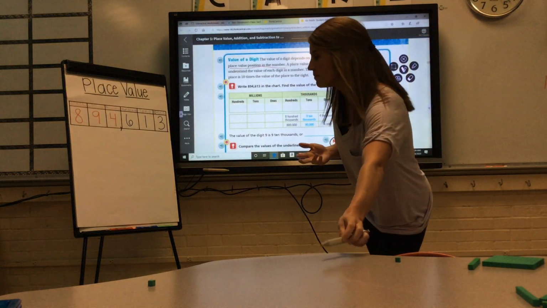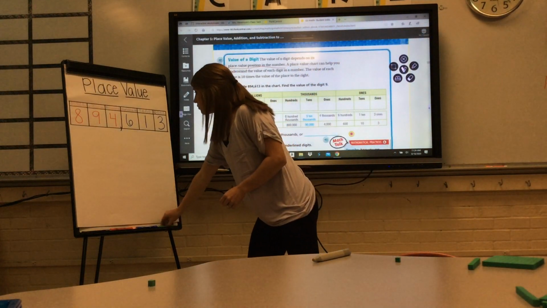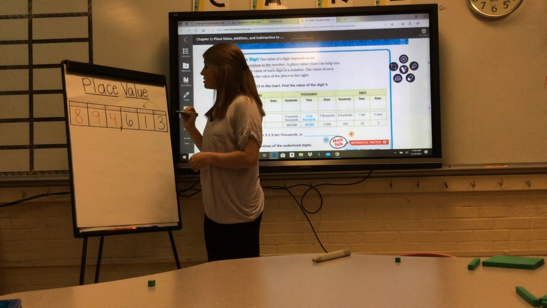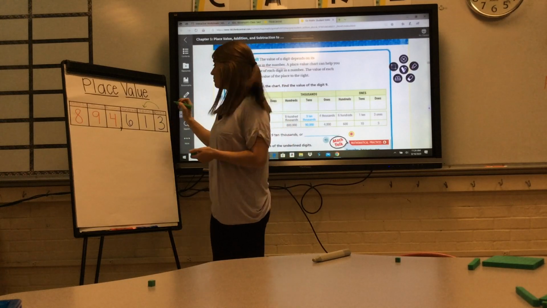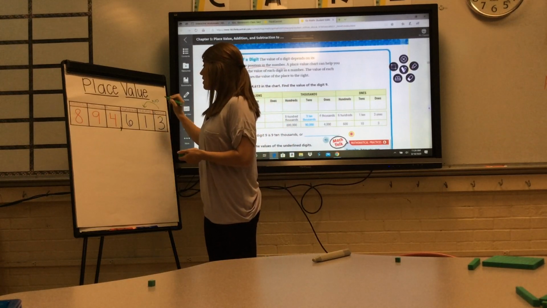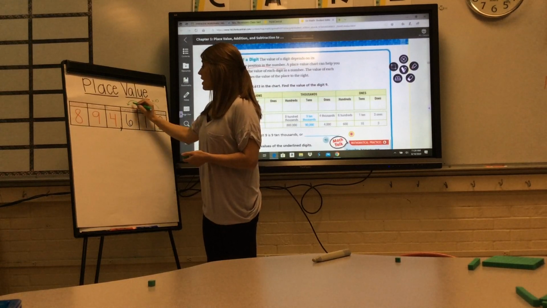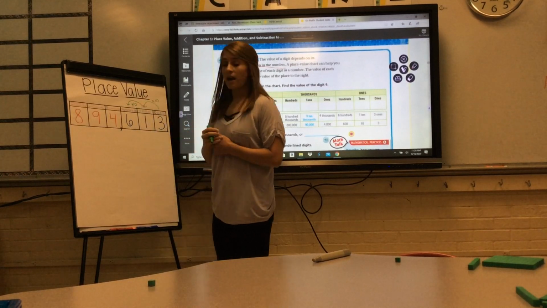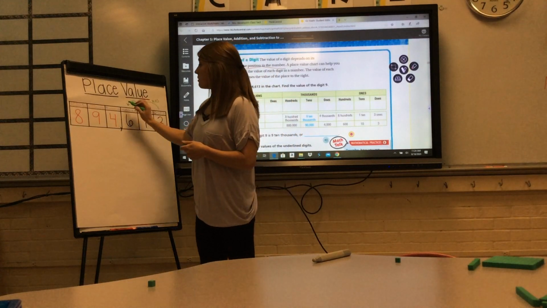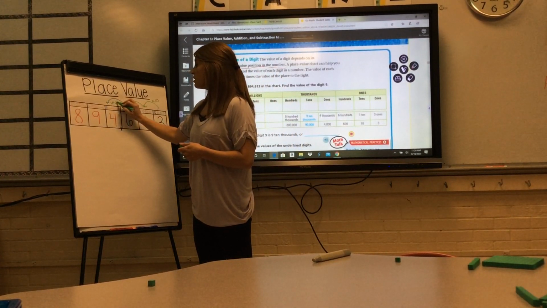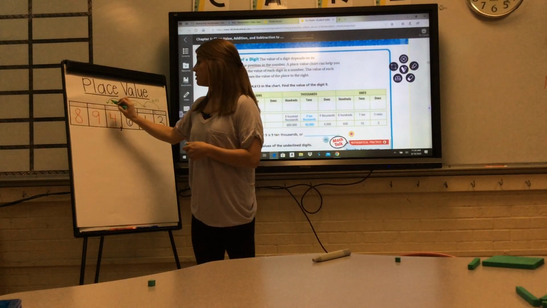So all that means is that when we move from our ones place to our tens place, we're going to multiply by 10. And then when we move from our tens place to our hundreds place, that's also 10 times the amount. Same thing when we go from hundreds to thousands, 10 times as much.